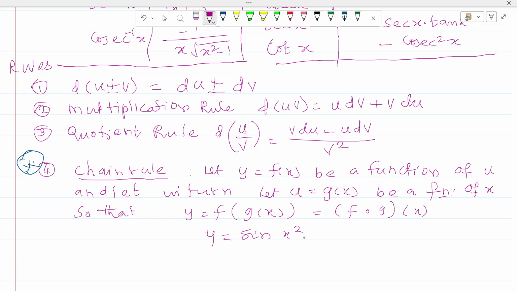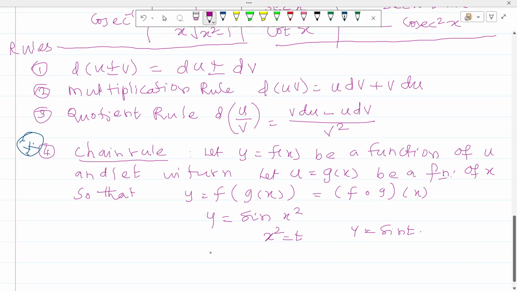So y equal to sine x square is there. That means if you take x square equal to some t, then y equal to sine t. Now I want to find dy by dx.